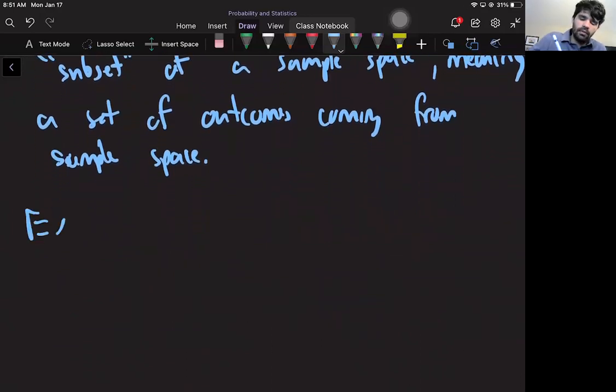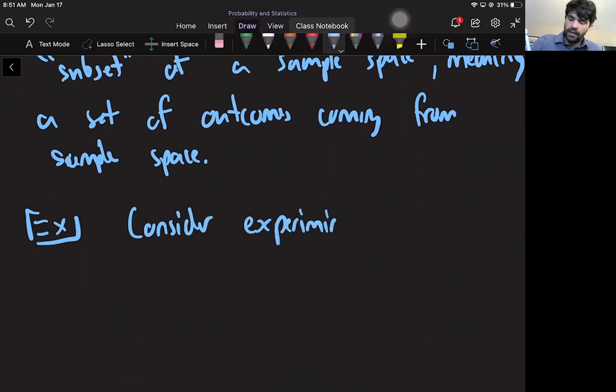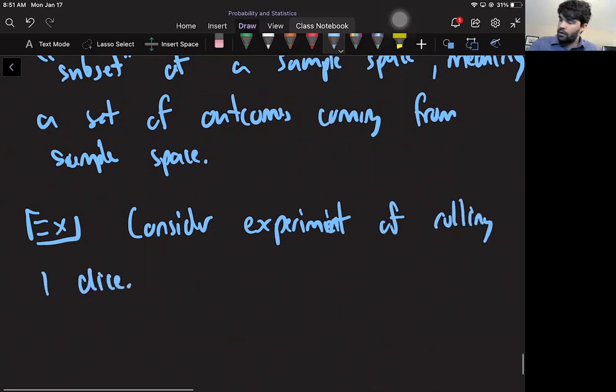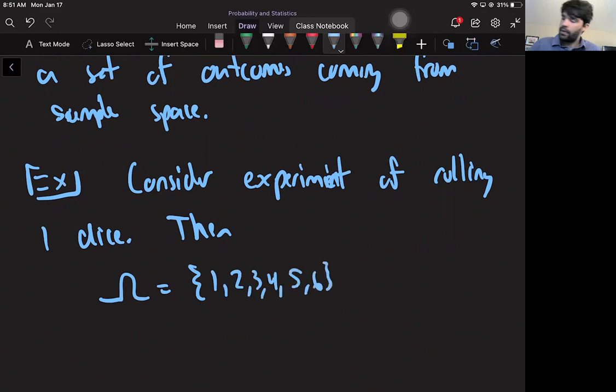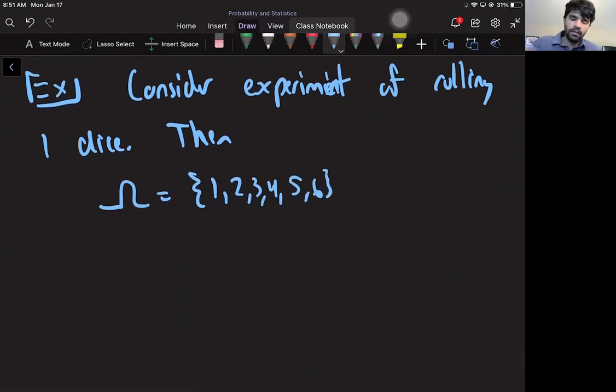So let's see some examples. So let's do just rolling 1 dice again. Experiment of rolling 1 dice. So then we already know what's omega. It's going to be just the numbers 1 through 6. So what are some events?